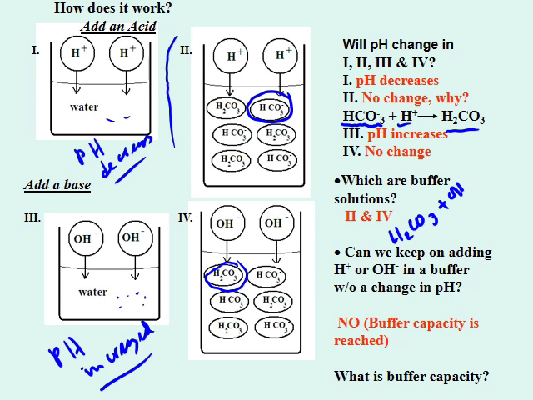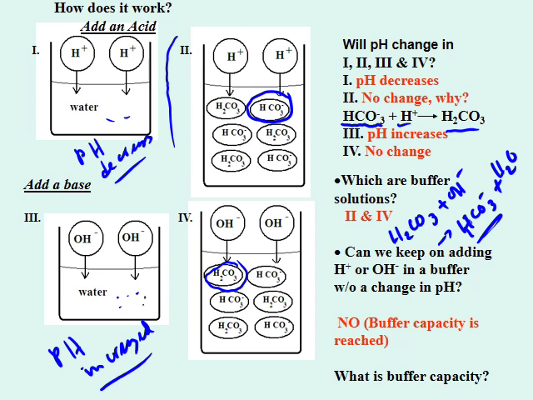When you add OH minus, it gives you HCO3 minus plus H2O. So H2CO3 is converted into HCO3 minus, but OH minus would not be available in water to show increase in basic property.